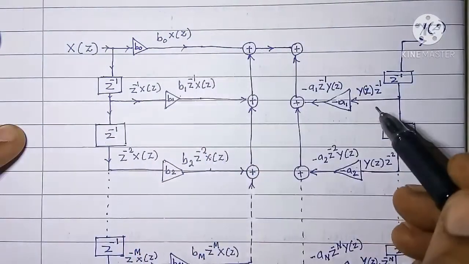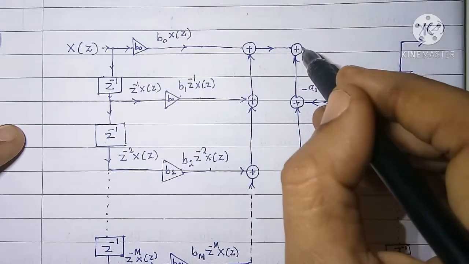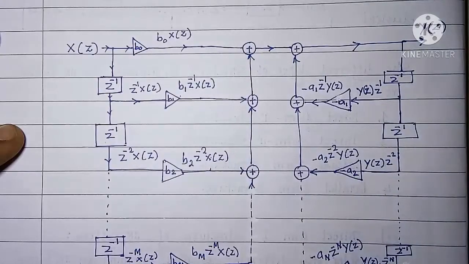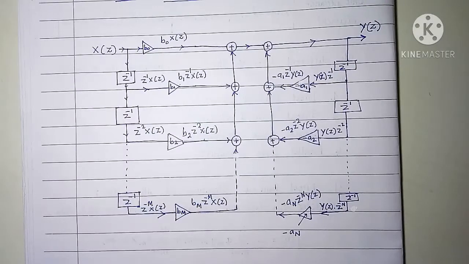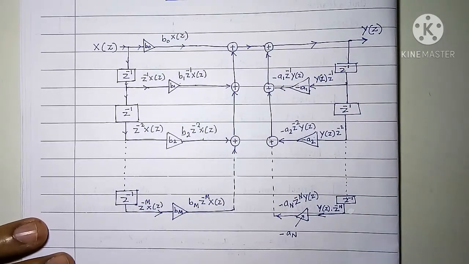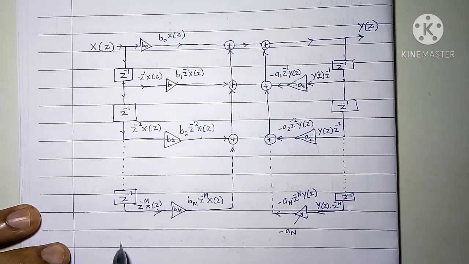When x of z and its delayed versions and delayed versions of y of z are added, we get output y of z. So this is how we can realize an IIR system using various basic elements, and this type of realization is called as direct form 1.